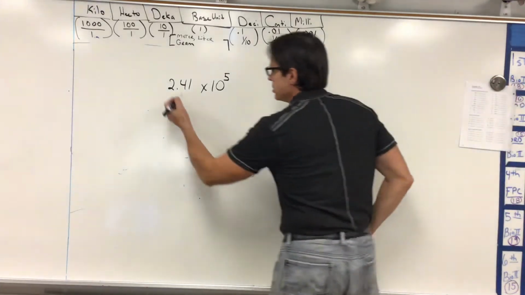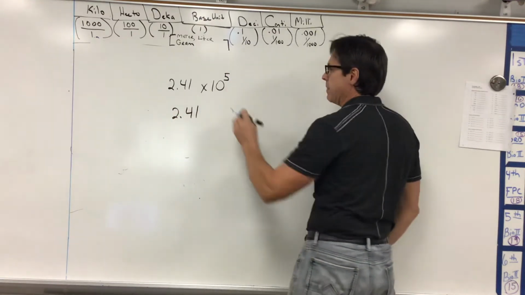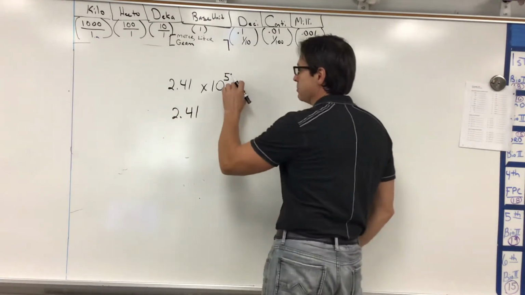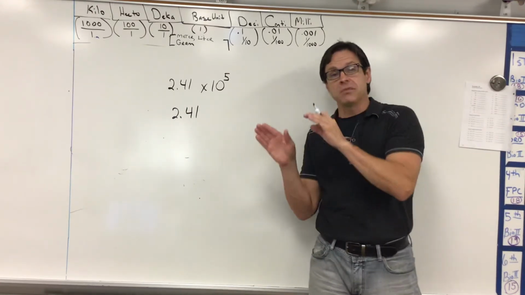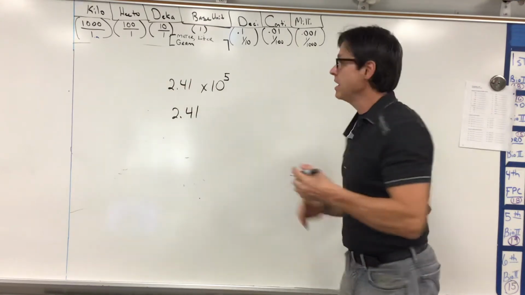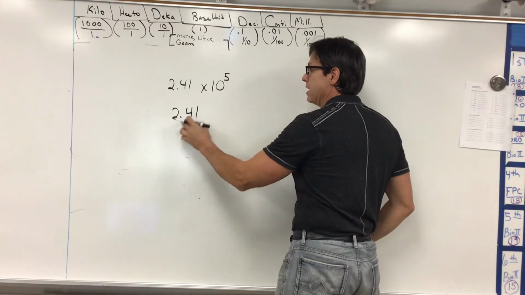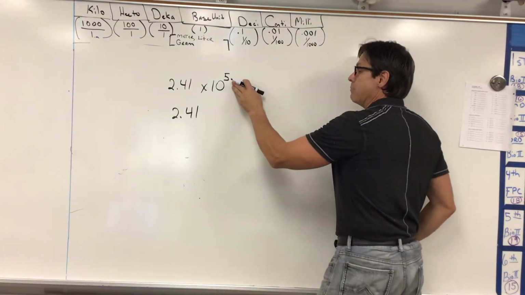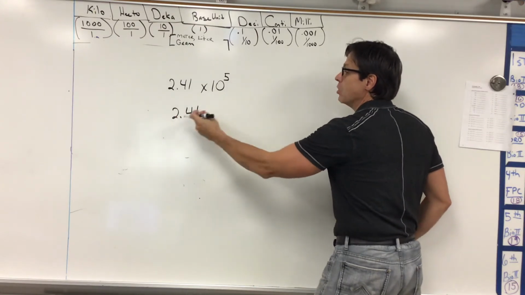So if I have 2.41, I have 5 places, and since it's a positive exponent, when I was going from a whole number to scientific notation I went to the left for positive, but in this case I reverse the rules. When I'm going from scientific notation to a whole number and it's a positive exponent, I'm going to go to the right.